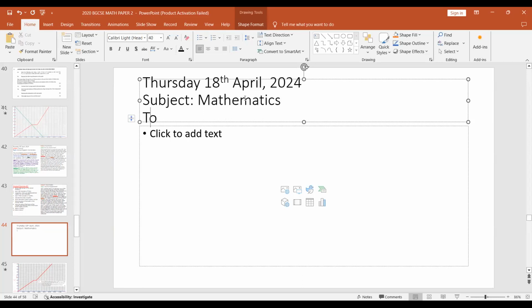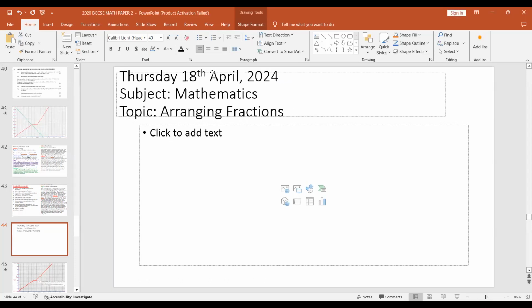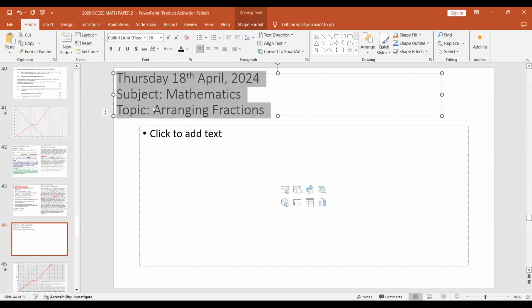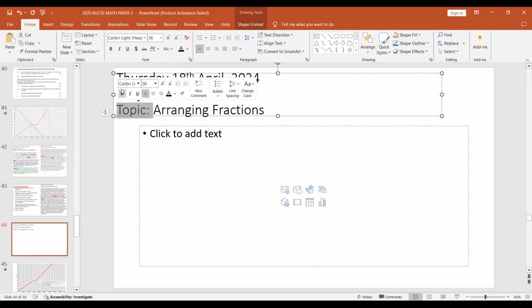And the topic is arranging fractions. Do you mean like greatest to least or least to greatest? Yeah, like that. So when you have to compare them and arrange them in ascending order or descending order.